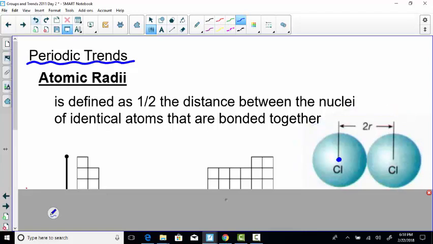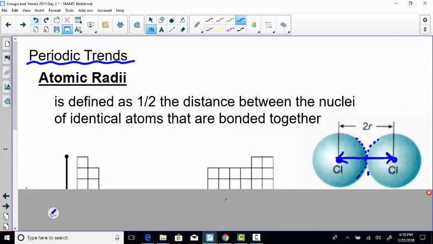And right here, these points are marking the center, or where the nucleus is, of those. Now, in order to measure the distance between these, we don't know where the outside edges of electrons are. So we actually have to measure the distance that occurs between the nuclei, because those are actually in fixed positions.